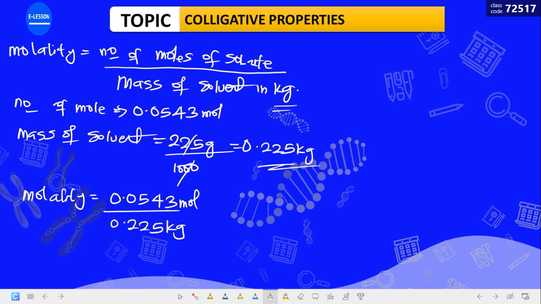When you then divide this with your calculator, this will give us 0.241 mole per kilogram, or you can say 0.241 with small letter m, which means molal. So that is how to calculate the molality of any substance given to you.